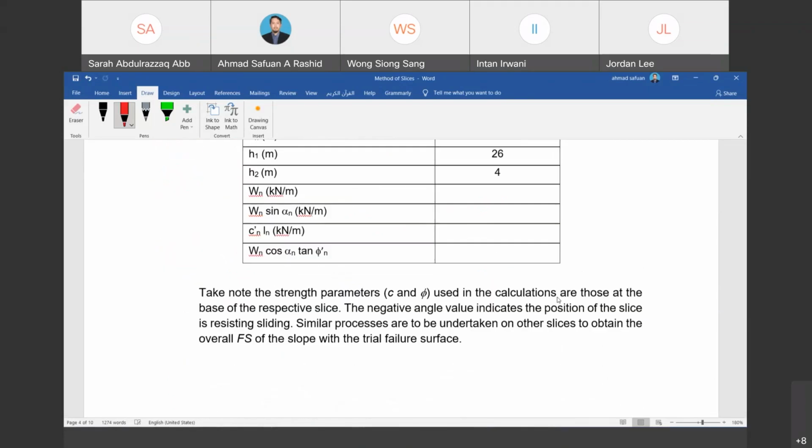Take note that the strength parameters C and phi used in the calculation are those at the base of the respective slice. The negative angle value indicates the position of the slice in the resisting side. Similar processes are to be undertaken on the other slices to obtain the overall safety of the slope with the trial failure surface.